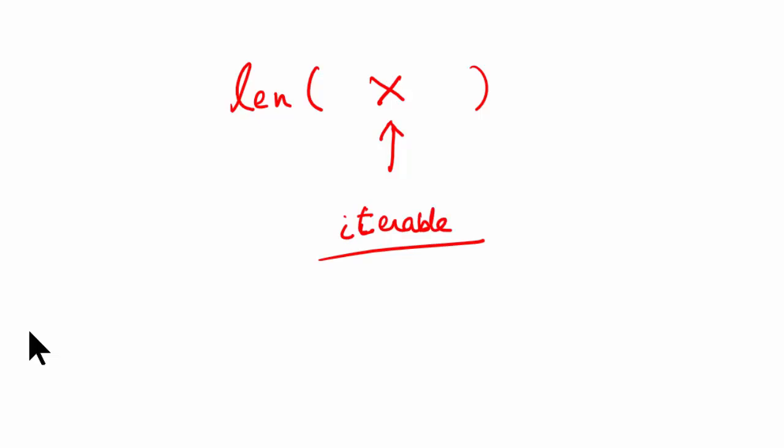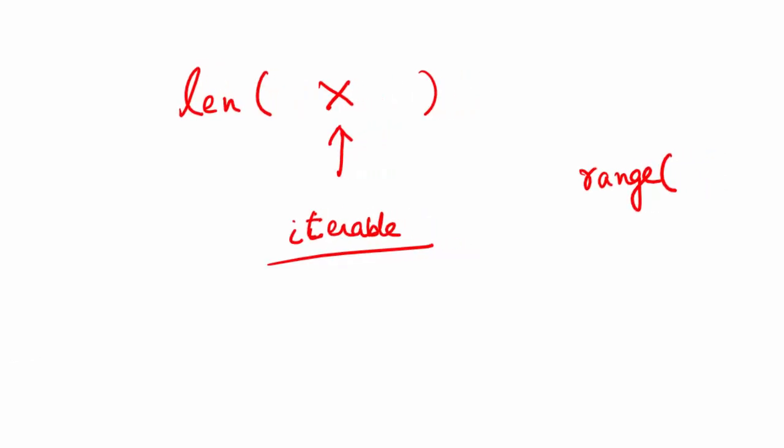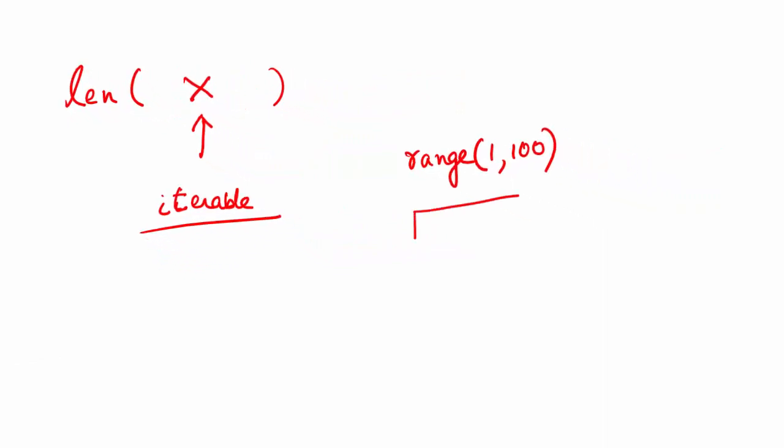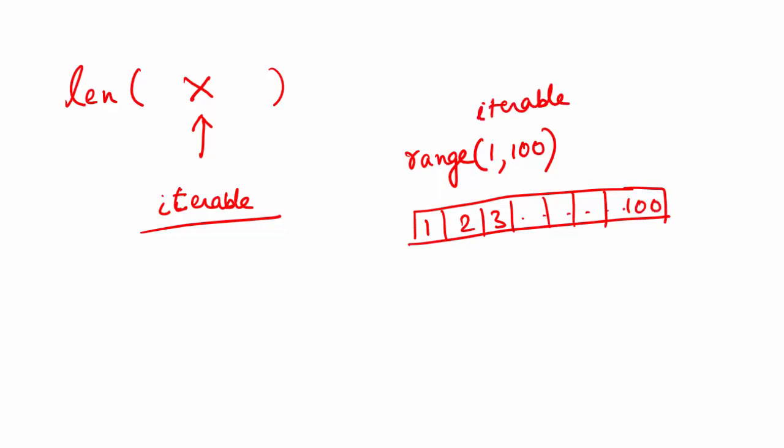For example, the range function is an example of an iterable. Range of 1, 100 or range of 100. Basically a range of 100 numbers. Think of that as an array or a list. 1, 2, 3, and so on until 100. When we come to data structures, which is the next section, we'll talk about lists, dictionaries, tuples.